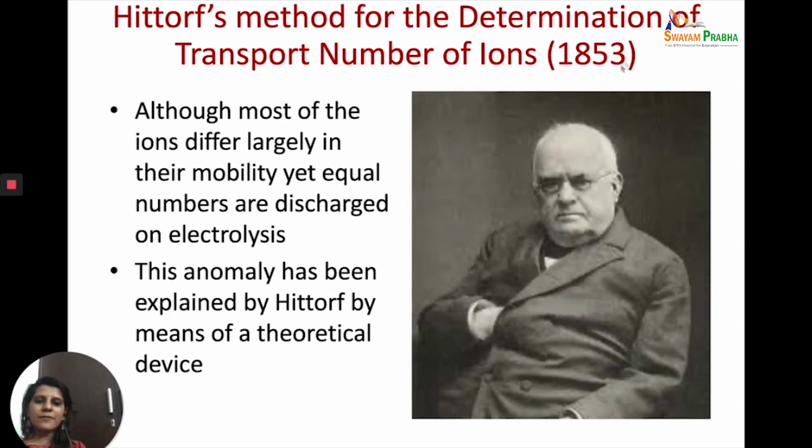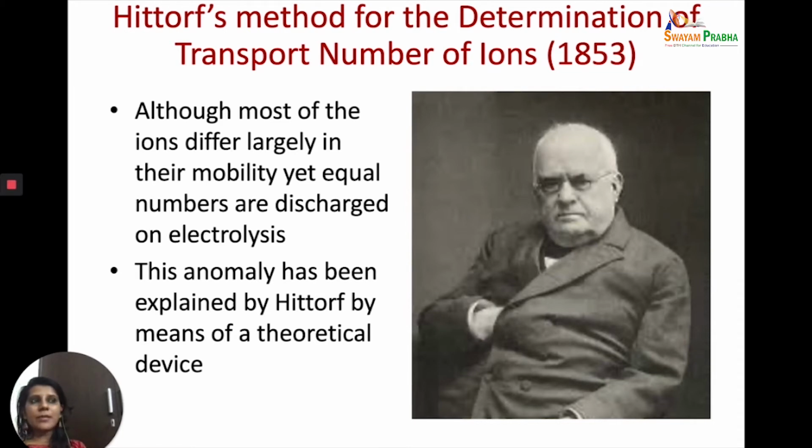This method was given in 1853 by Hittorf. And why was it given? It was given because we know that most of the ions differ largely in their mobility, yet always and always an equal number of ions are discharged at the electrodes on electrolysis.